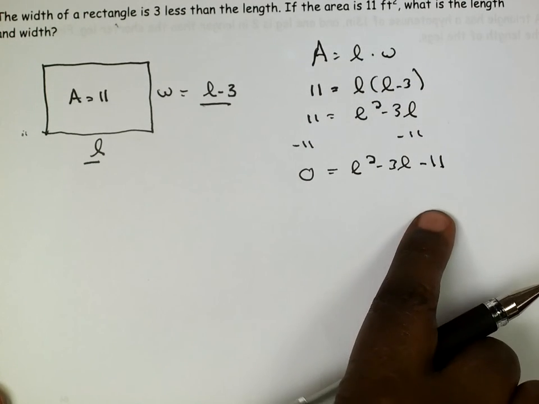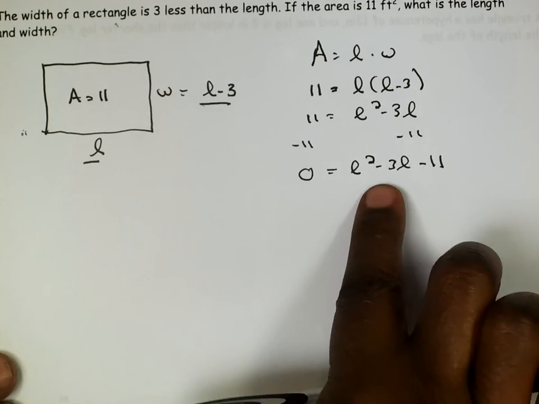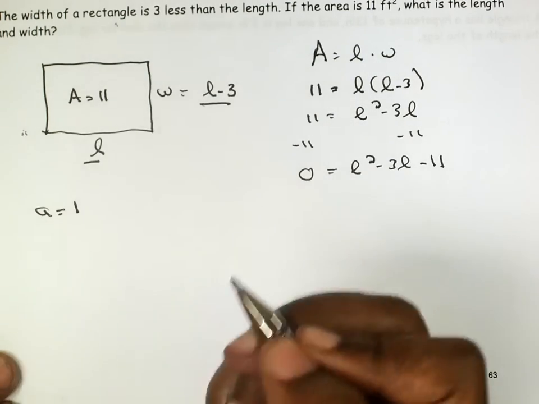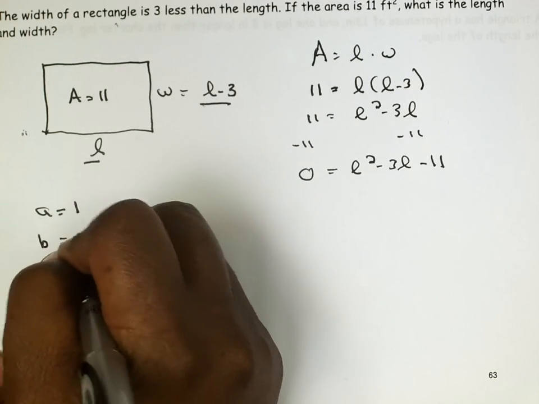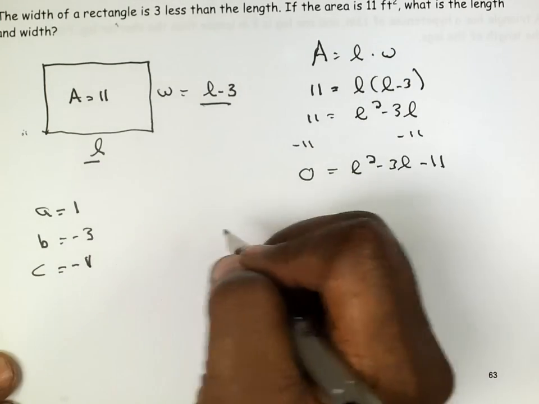Well, I can see that I can't factor this because 11 didn't have any factors except for 1 and 11, and that difference isn't going to be 3. So I'm going to have to use the quadratic formula. My A is 1, my B is negative 3, and my C is negative 11.